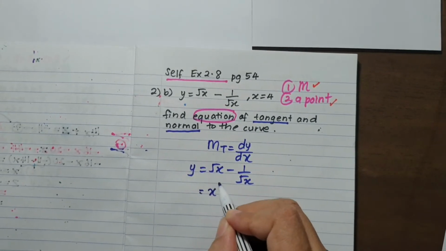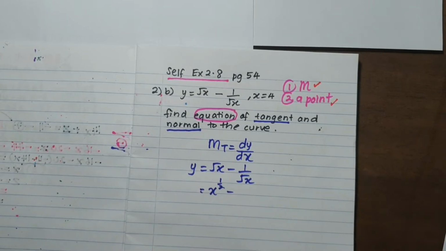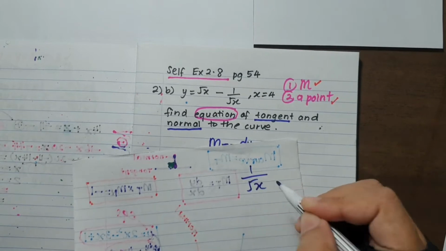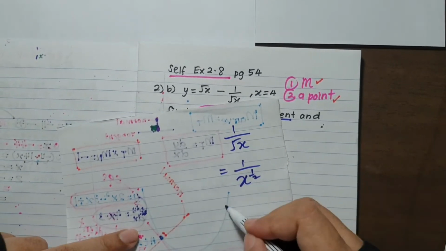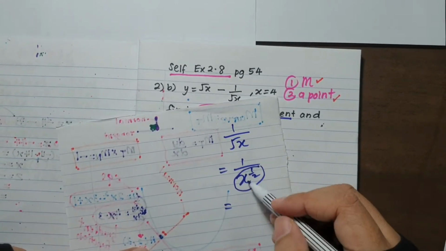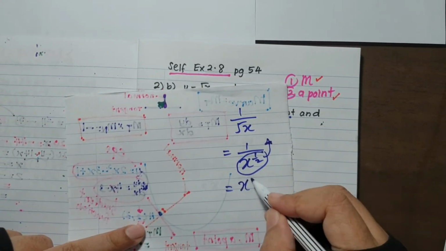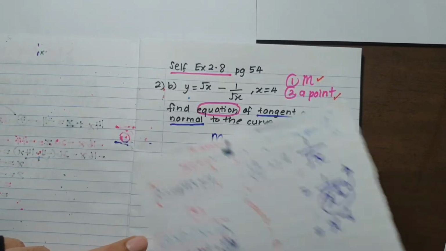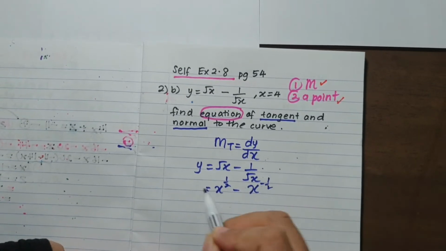So here this one is x power of half, and this one, 1 over square root x, is actually 1 over x power of half. If the variable is at the bottom, you have to bring it up. So it becomes negative, converted to negative form, x power of negative half.